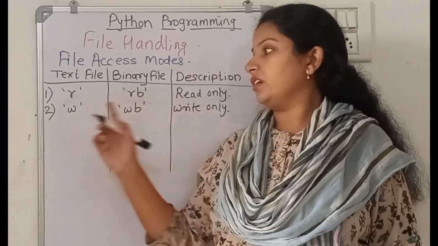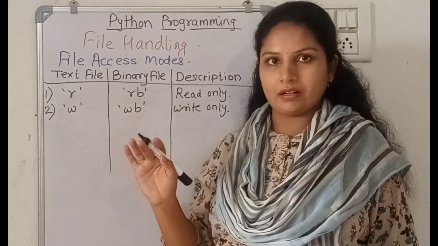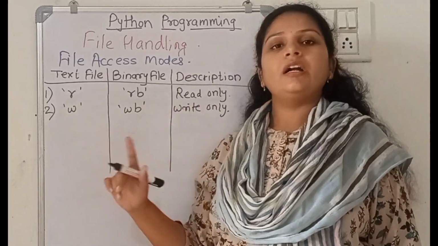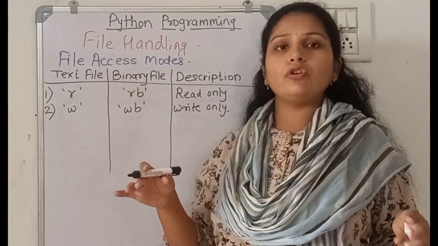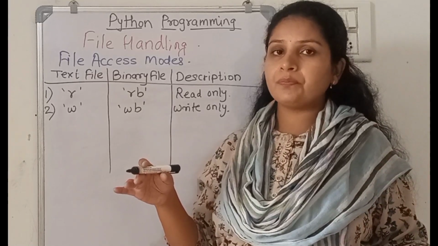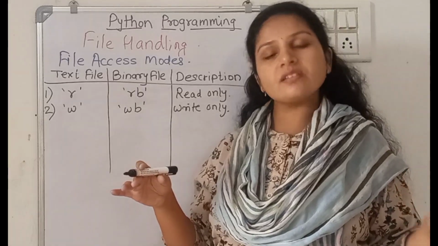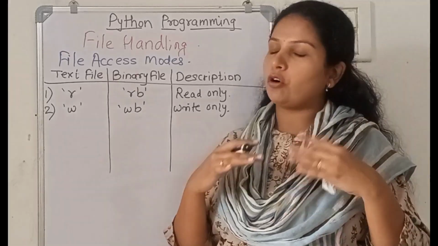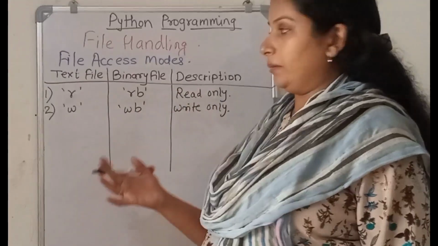That is the difference. Here in the W mode, we don't get any exception or error. We can create a new file using W mode. So you don't have to worry whether the file exists or not when opening it using W mode. If it does not exist, it will be automatically created by the Python program.